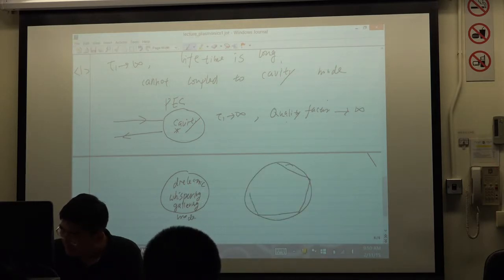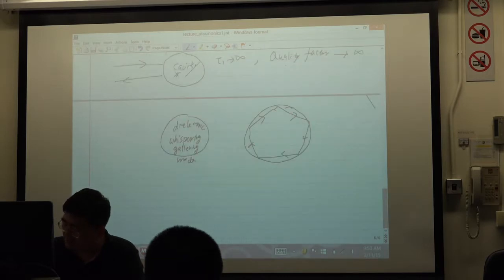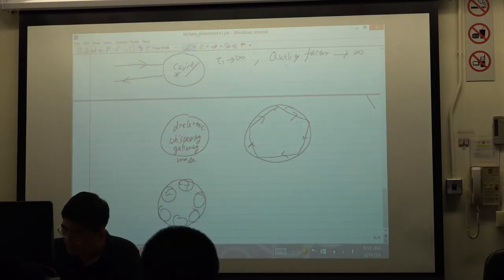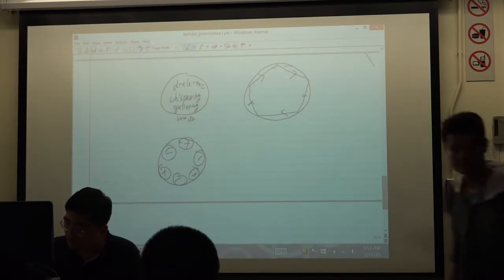The field distribution is something like that. It is similar to a high order mode: positive, negative, positive, negative, positive, negative. This is similar to an octupole or something. This is called a whispering gallery mode.